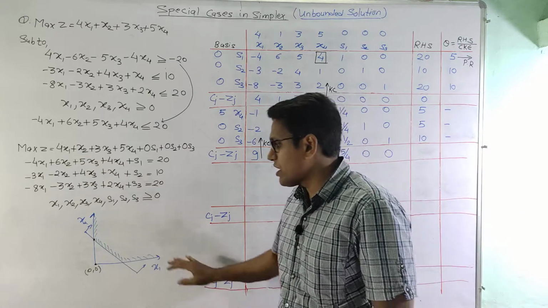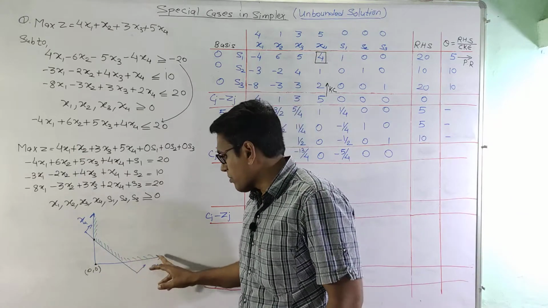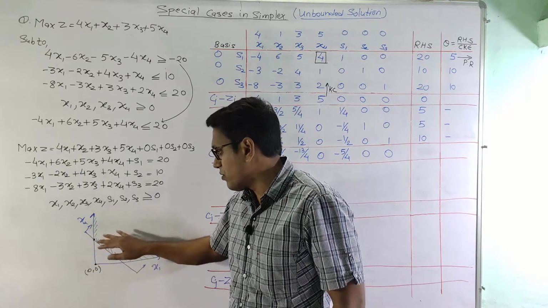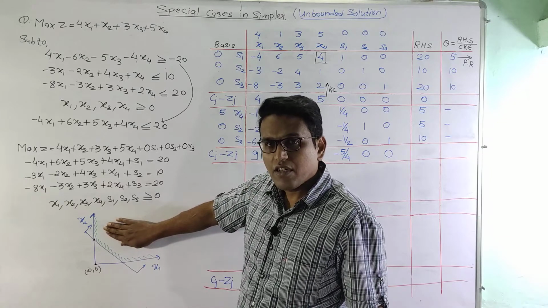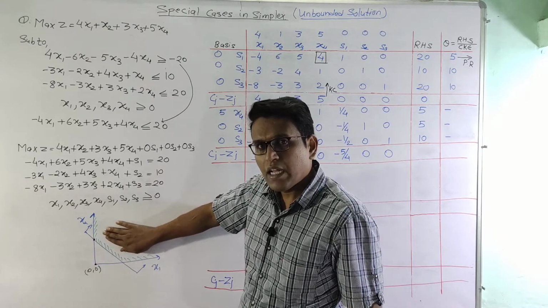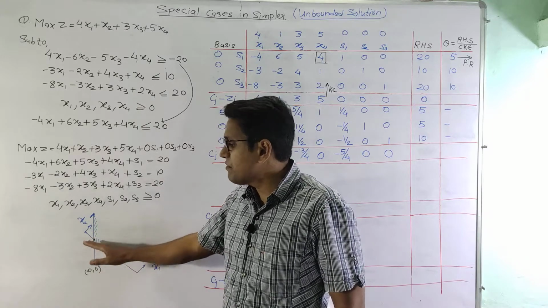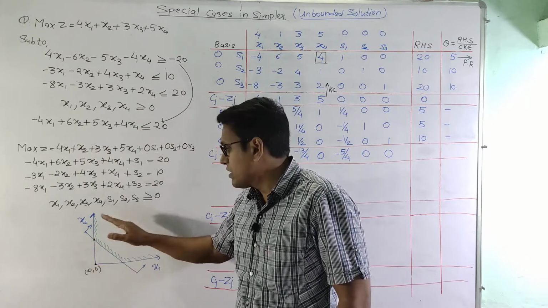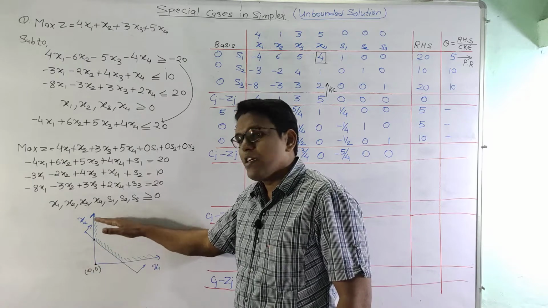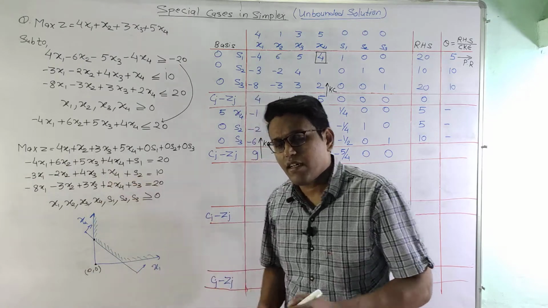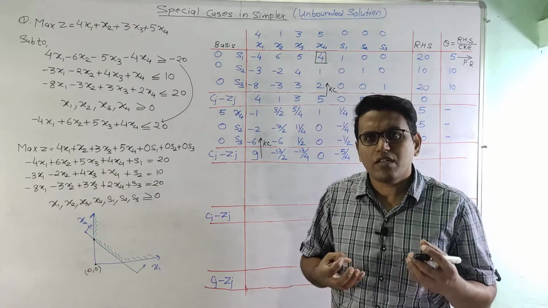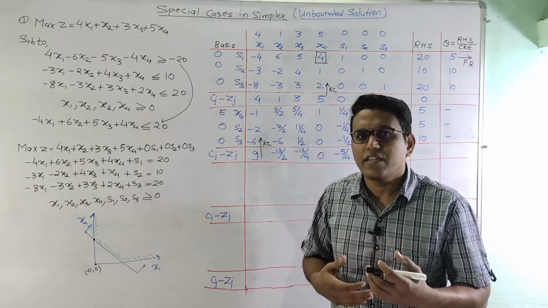In that particular case we can see that our problem is an unbounded feasible region, and along with that when we draw the objective function line, it will be continuously increasing, or we can say that the objective function will increase indefinitely.